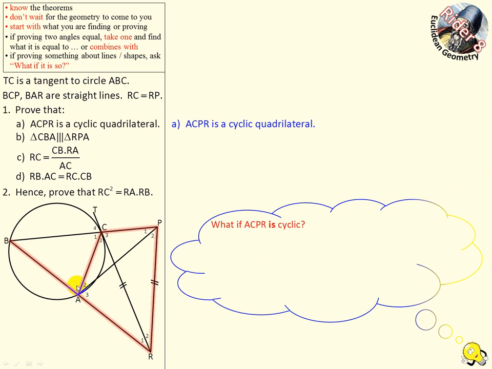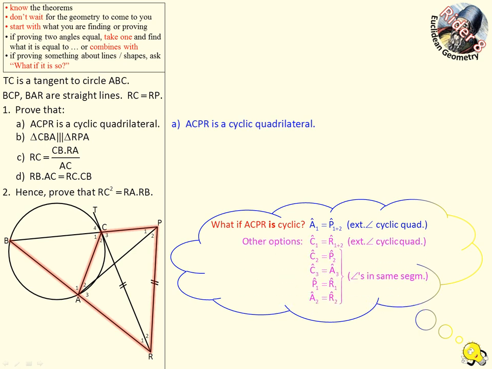What if that is the case? Well, A1 is the exterior angle, P1 and 2 is the interior opposite angle. So A1 would equal P1 and 2. There are many other options for proving it cyclic. C1 is equal to R1 and 2, and then we have 4 different angles on the same segment possibilities where we could use the converse to prove that those 4 points are concyclic.